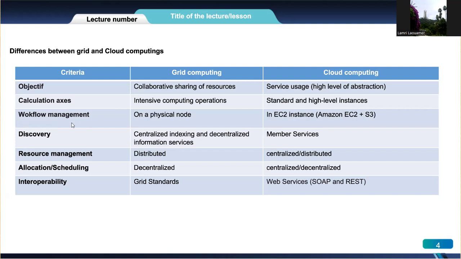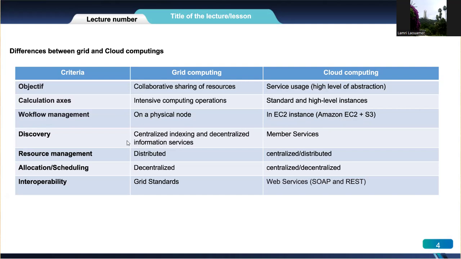For the workflow management criteria, grid computing is on a physical node, but cloud computing is in the EC2 instance, Amazon EC2 plus S3, which has been explained in chapter 4.